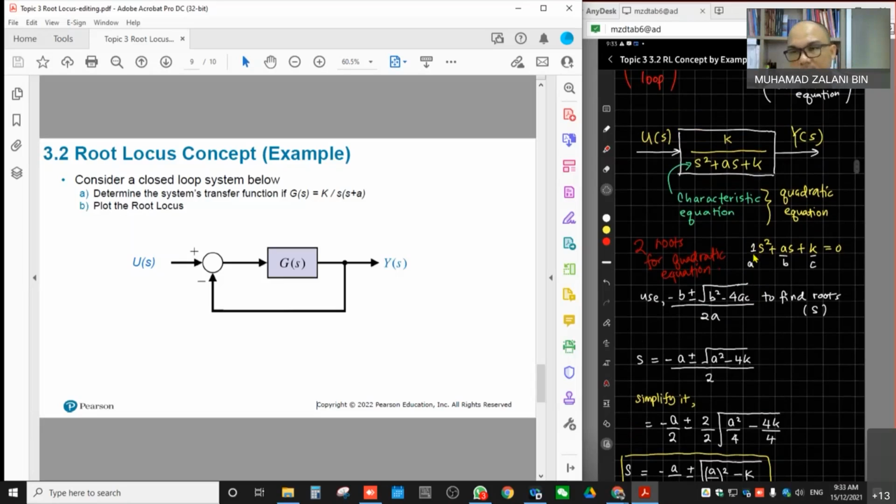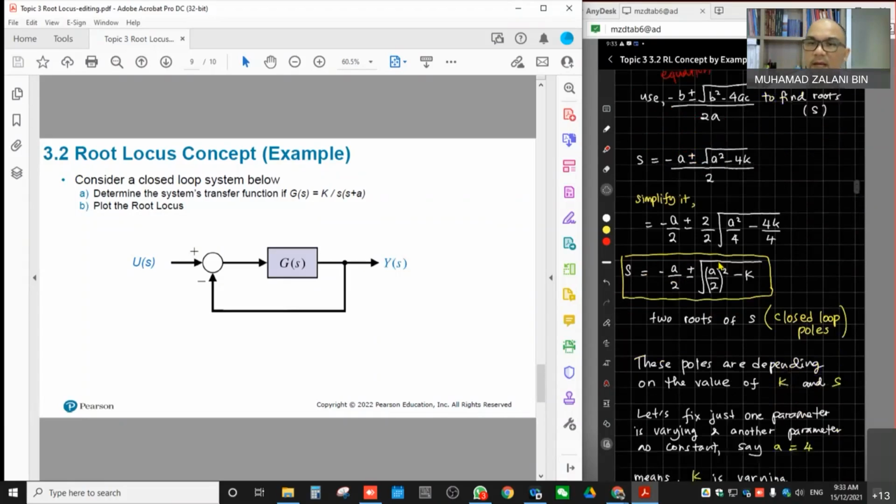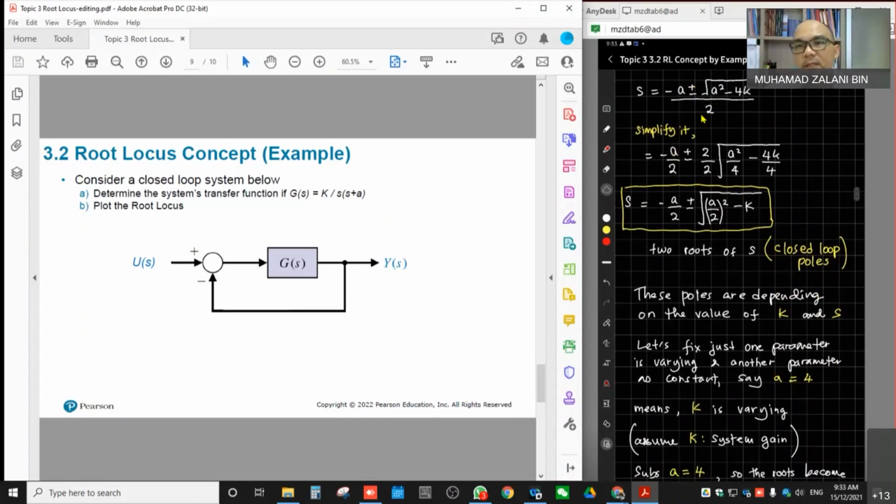Here a is 1, b is the constant a, and c is another constant K. Substituting all these values, we end up with s equals negative a plus minus the square root of a squared minus 4K, divided by 2. Then we simplify and rearrange this equation into this.